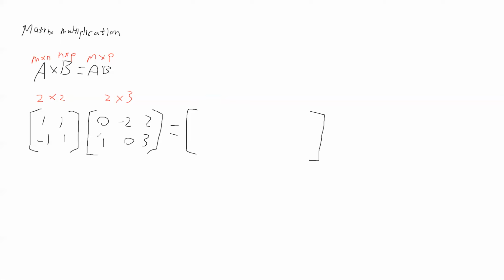What we're going to do is take the first column, the 0, 1, and stack it on top of the first matrix like this. So 0, 1, like that. Then you multiply with the corresponding row. When you multiply the first row, 1, 1, with the 0, 1 here, you multiply the 0 and 1 and add with the 1, 1.